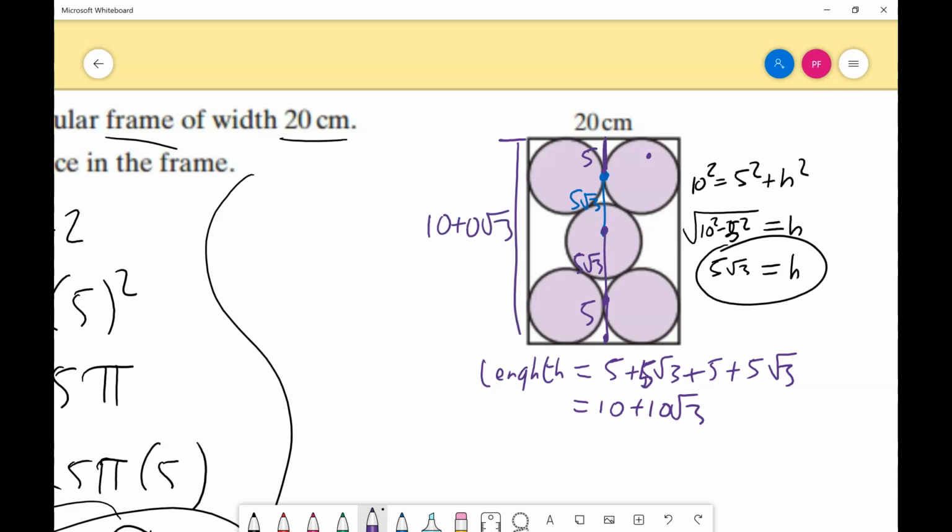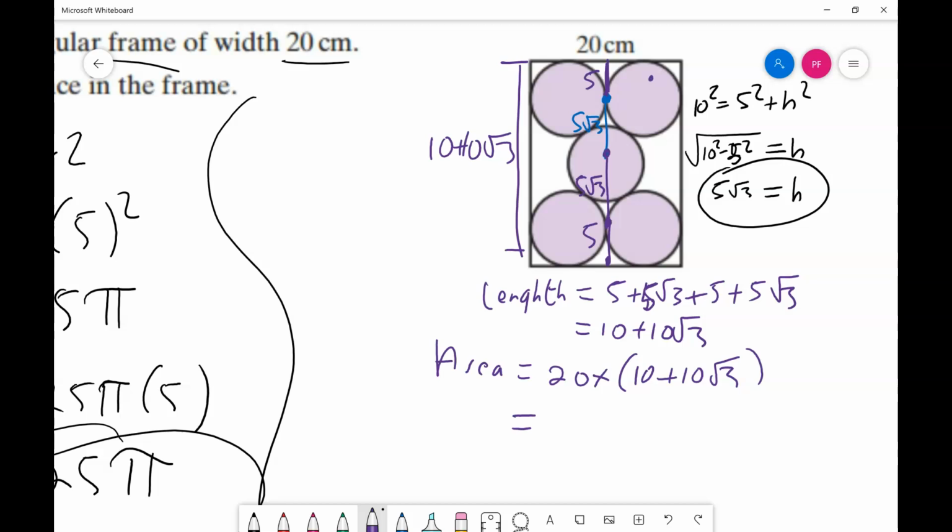It's that length there. So the total area of that rectangle is 20 multiplied by 10 plus 10 root 3. And that gives me 546.41.